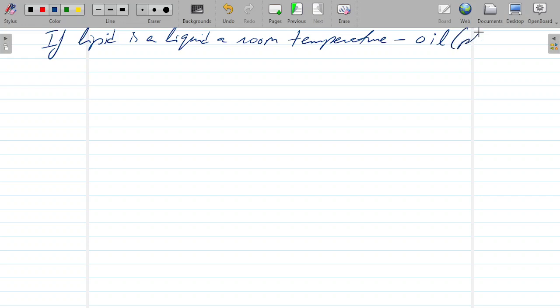These mostly come from plant sources. And if it's a solid, it's called fat, which mostly comes from animal sources.